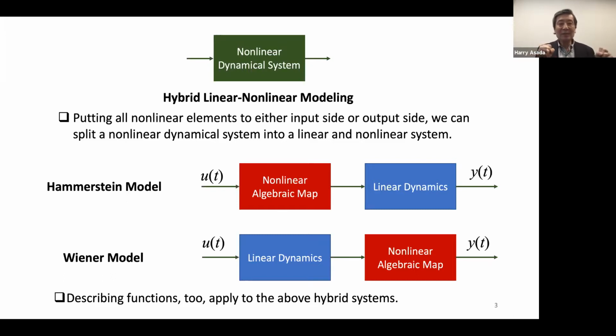The basic concept is that even though nonlinear elements are scattered around, we approximately put them together into one nonlinear function, and we look at the first, most dominant frequency component to obtain the frequency transfer function, which approximates the nonlinear function in a systematic manner. So this is one method.